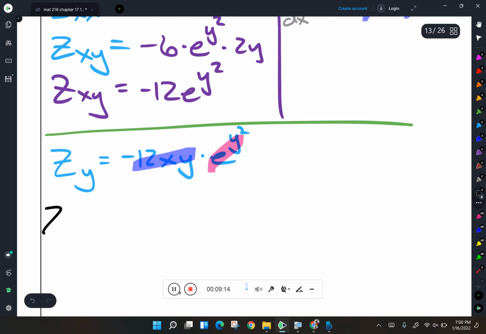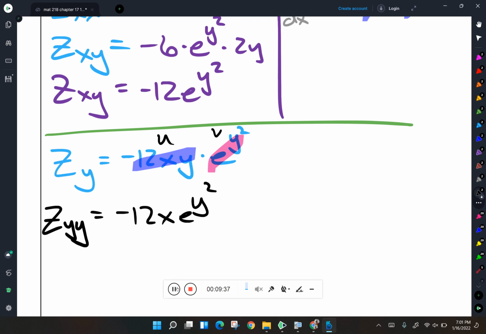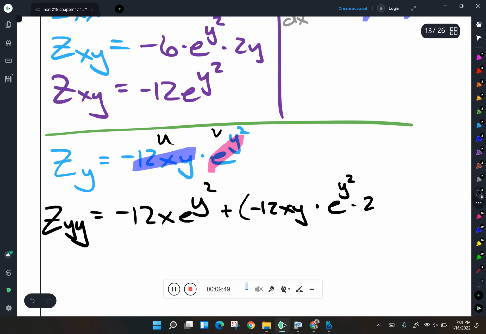Okay, so then z sub yy is going to be the derivative of the first one. So we'll call this one the u, and we'll call that one the v, right? So it'll be u prime, so with respect to y, that's negative 12x times e to the y squared, plus, and then I have to do u times v prime, so negative 12xy times the derivative of e to the y squared, that's going to be e to the y squared times 2y.